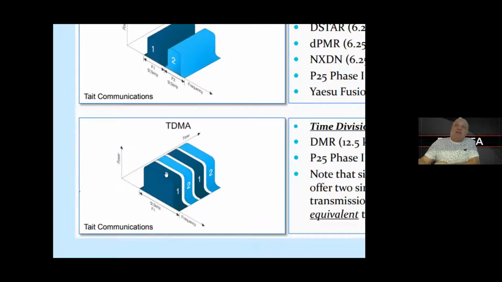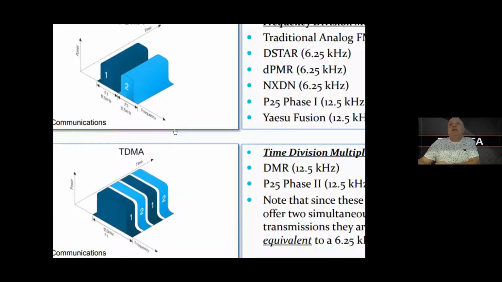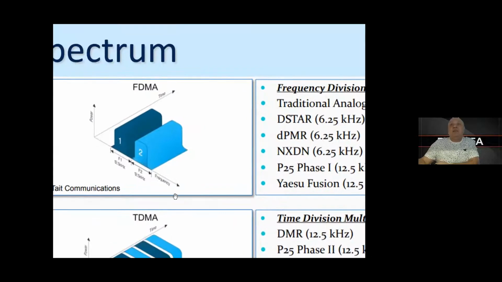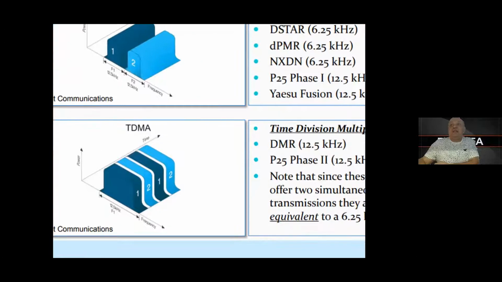The receiver puts it in a buffer and spreads it out over the 40 milliseconds. And after the 40 milliseconds, the second frame of the first time slot is coming in. So that's actually the big difference between D-Star and Fusion, which use FDMA, and DMR, which uses TDMA.